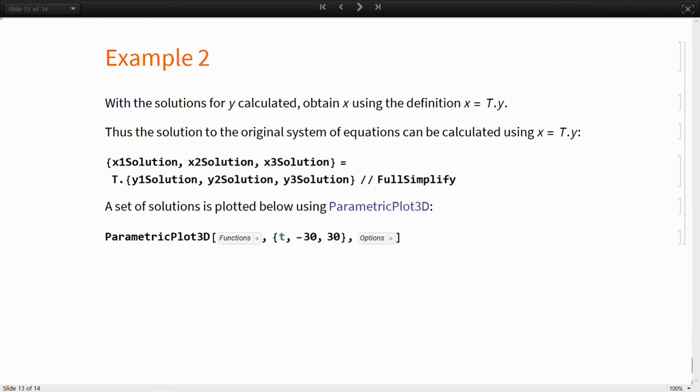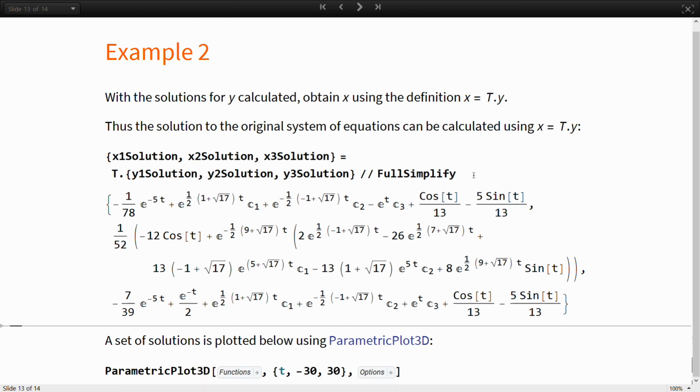We have transformed the non-homogeneous system of equations into a decoupled form and solved the decoupled set of equations for the new dependent variable y. Using the y vector as the solution to the decoupled system, we can multiply this vector by the T matrix to get the x vector, which is the solution to the original system of differential equations under consideration.